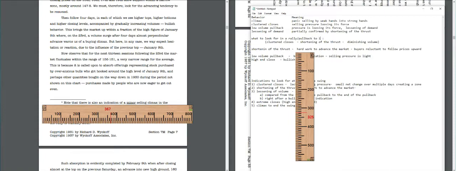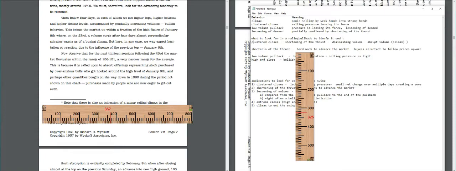To identify its end. Alright, and let's add one more. Call it abrupt volume, and this is also known as a climax. It can be a minor climax that ends a swing.